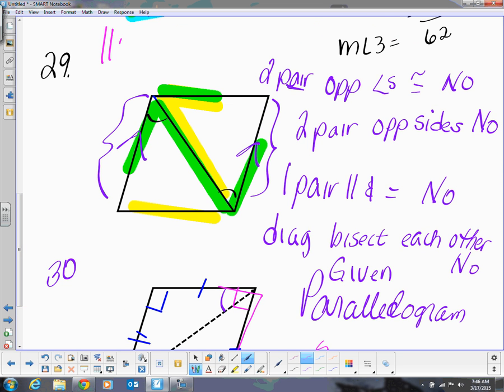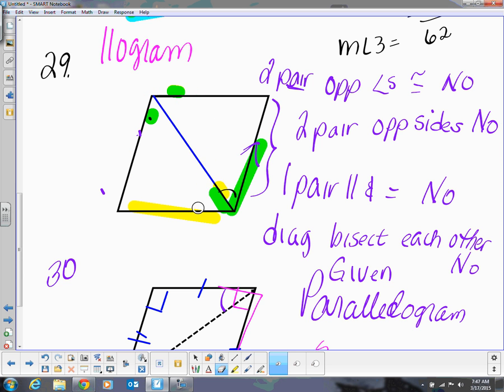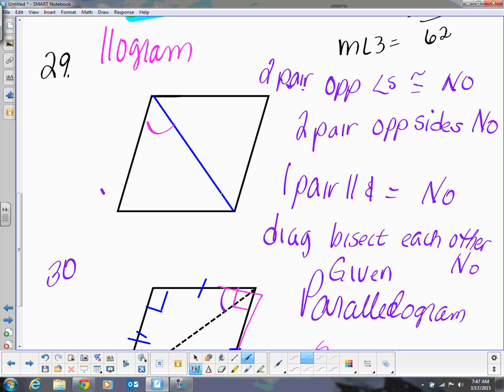They've told you that this is a parallelogram. So is this a rhombus, rectangle, or square? What do we know? They told us that this is congruent to this. We know that opposite sides are congruent. Now, I can't say that all four sides are congruent, correct?